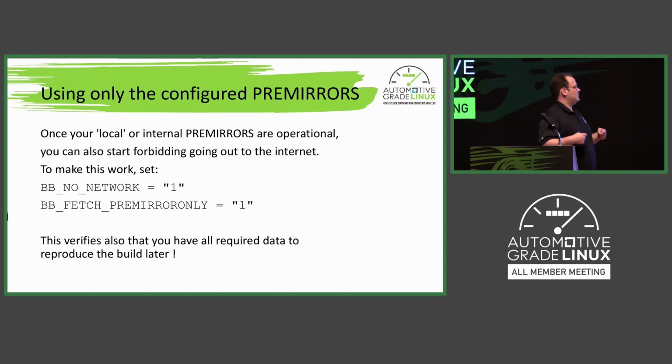And essentially, once you have a local premirror, you could set BB_NO_NETWORK and tell BitBake to only fetch from the premirror. What's the outcome of this? Essentially, this is a full offline build then, right? We do not go out to the internet, and it means you have the complete set of sources relevant to your build local.